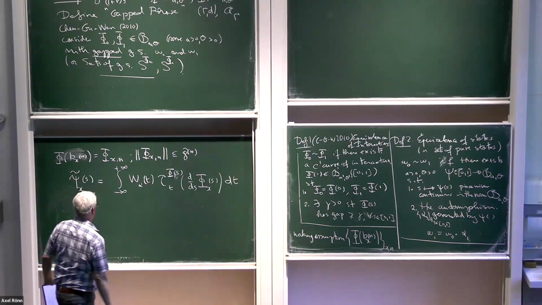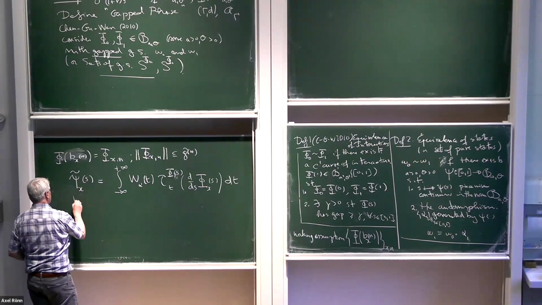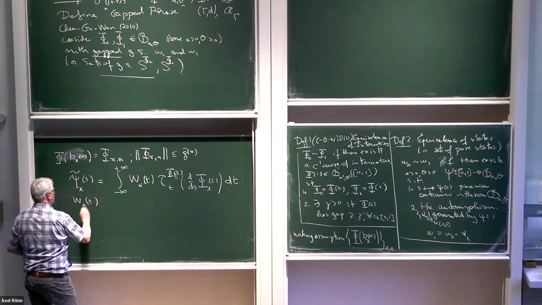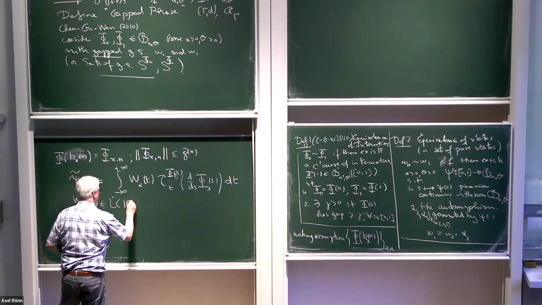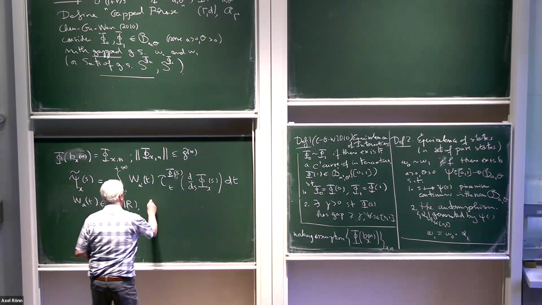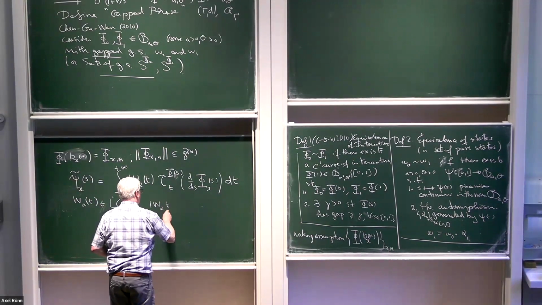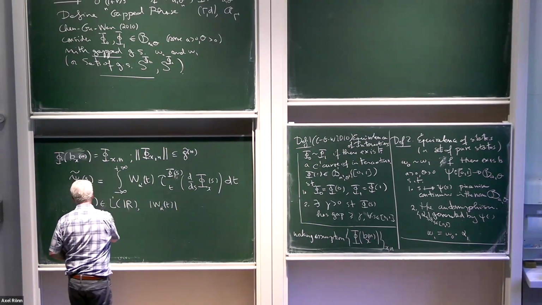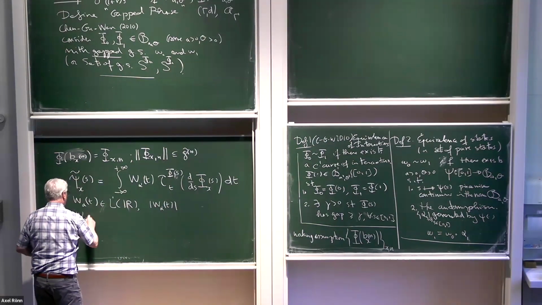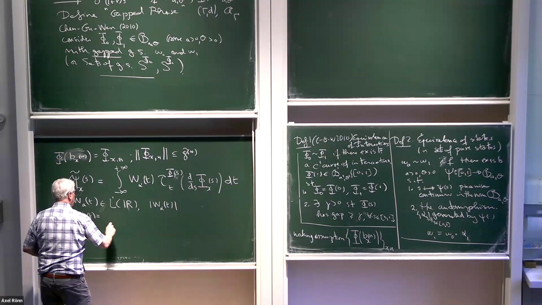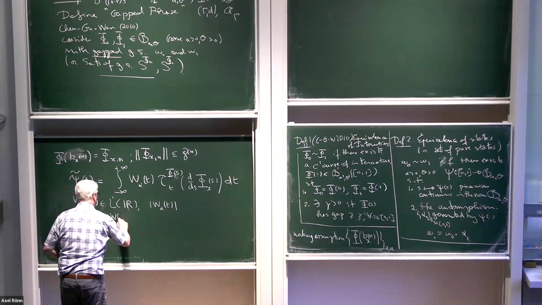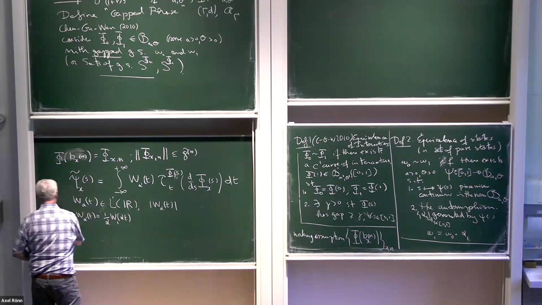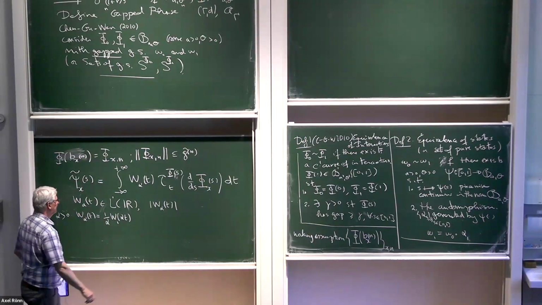And then integrate against the weight function, W of t, an L1 function of rapid decay, and the parameter alpha is really a scaling. I think the scaling is 1 over alpha W of alpha t, something like that, for some positive alpha.